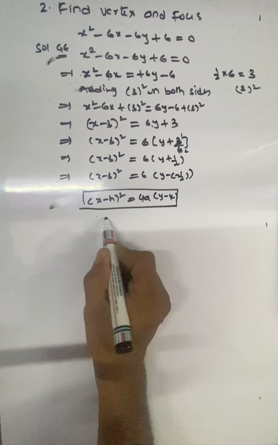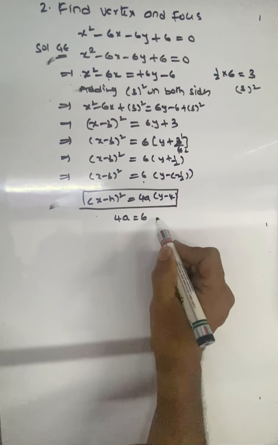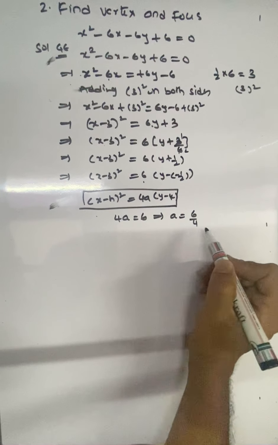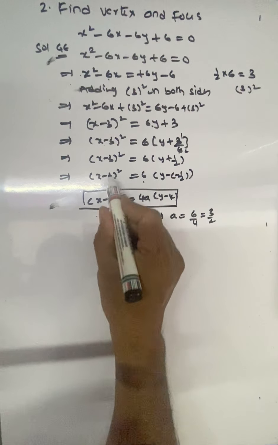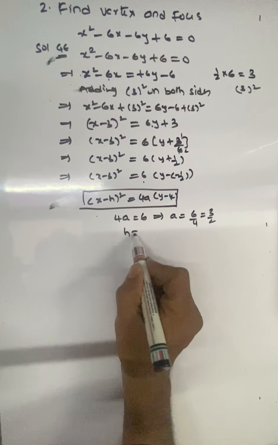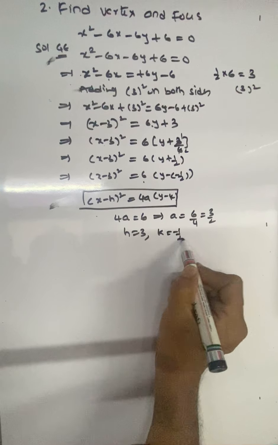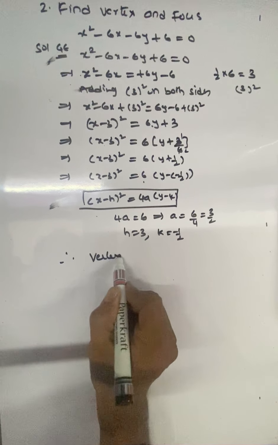Now 4a is the outside value, so 4a equals 6, this implies a equals 6 by 4, so this is 3 by 2. Whatever minus sign cancelled, h equals 3, and k equals minus 1 by 2. Now we have to write the vertex.